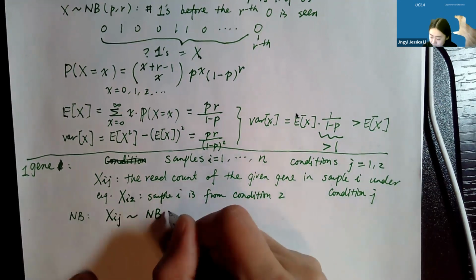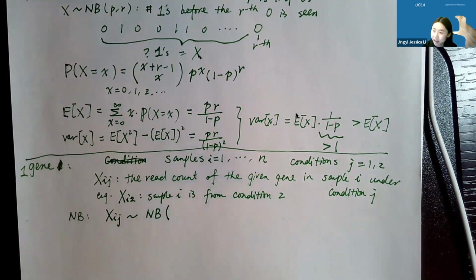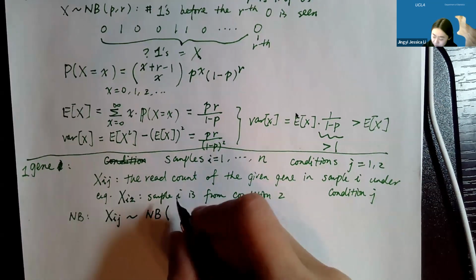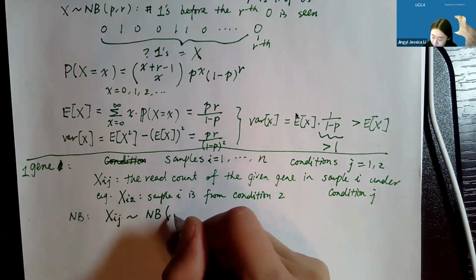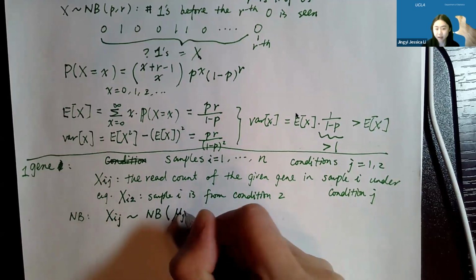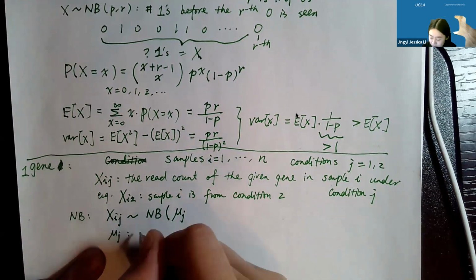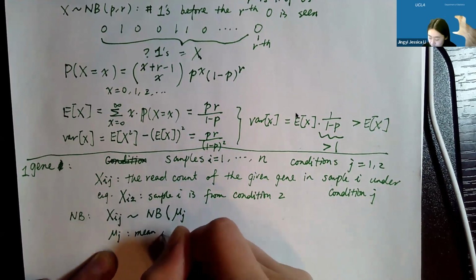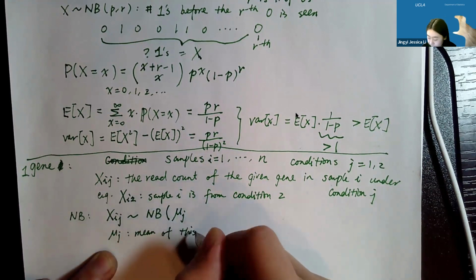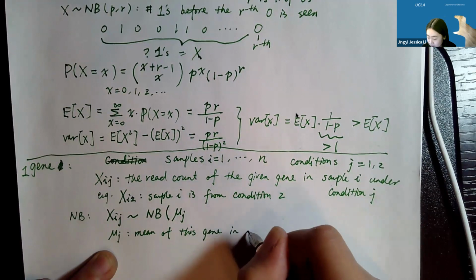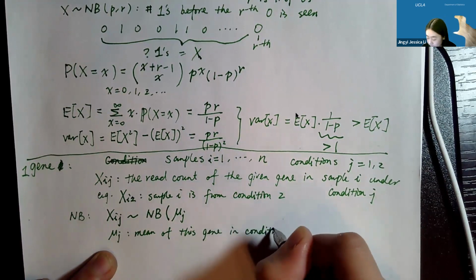So here, we would like to have a parameter that depends on my condition. Ideally, I would write this as mu_j. Mu_j is the mean of this gene in condition j.